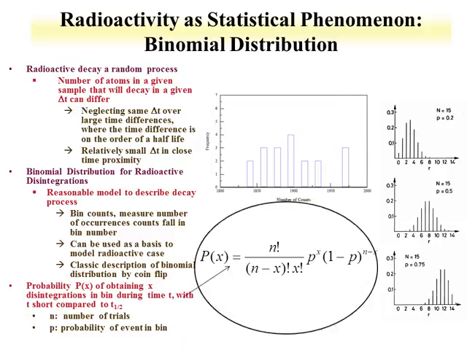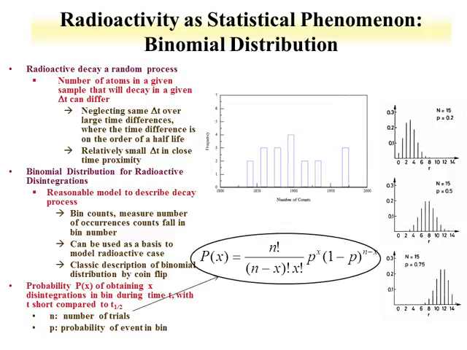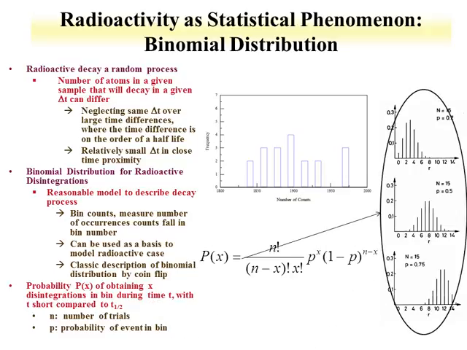The equation we're going to use is described here, where all we have is the number of trials and the probability of that event going into that trial, and x is obtaining so many disintegrations. The application of this equation shows us typical binomial distribution patterns, which are provided here.